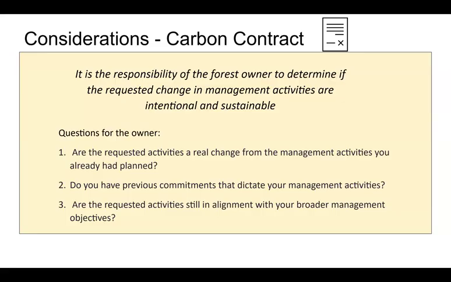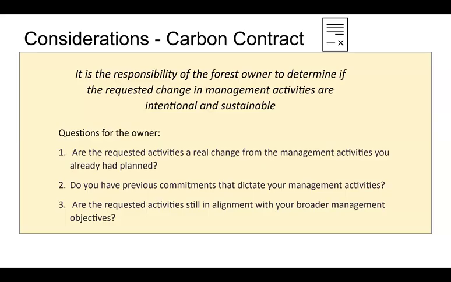Also, they need to look at any existing commitments like conservation easements because that might already restrict harvesting, as that could conflict with carbon contract requirements, especially if the program is asking for a harvest delay. On the other hand, things like cost share programs typically don't interfere.